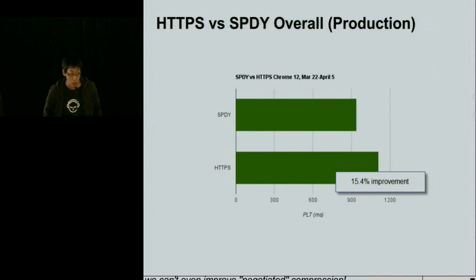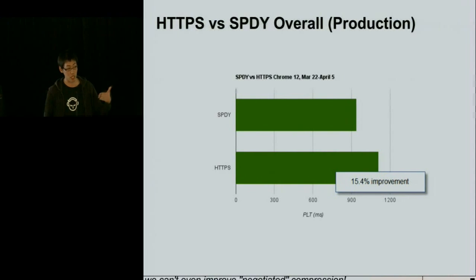So, real-world numbers for SPDY. This is Chrome 12, SPDY compared to HTTPS. We will have numbers versus HTTP later, but within Chrome, we have an experiment where in our NPN extension we advertise SPDY for 95% of the cases, and for 5% of the cases we do not advertise SPDY, so we just do vanilla HTTPS.